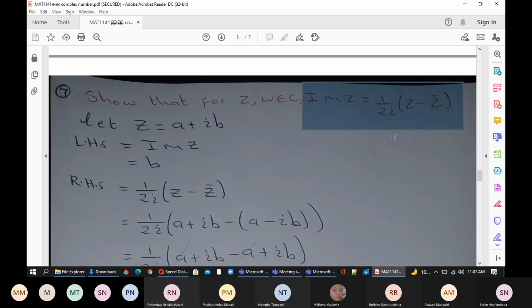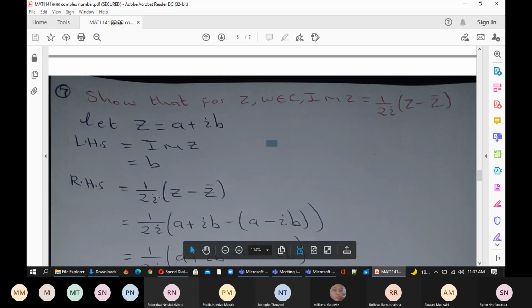So what we have to do now is to let z equal a plus ib. From our left-hand side, we have imaginary of z, which is equal to b. Are we still together? Meaning that we have to work through our right-hand side so that we may arrive at the left-hand side. Are we still together?